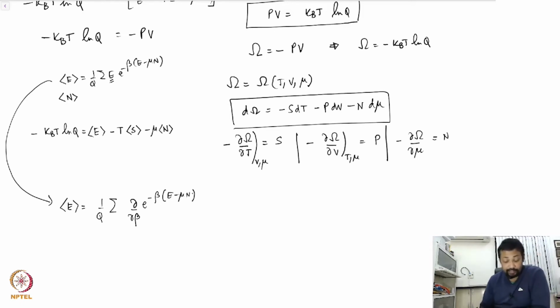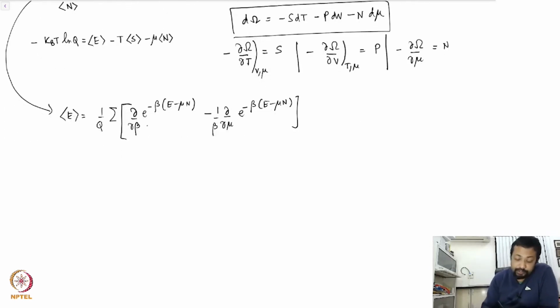But then if you take a derivative with respect to beta, that actually brings out a factor which is E minus mu N. So one has to subtract del mu 1 over beta e to the power minus beta (E minus mu N). Let's see whether we are correct in our hypothesis.